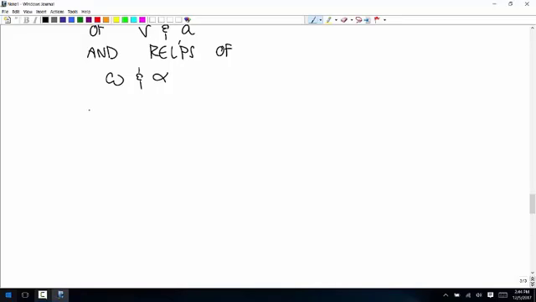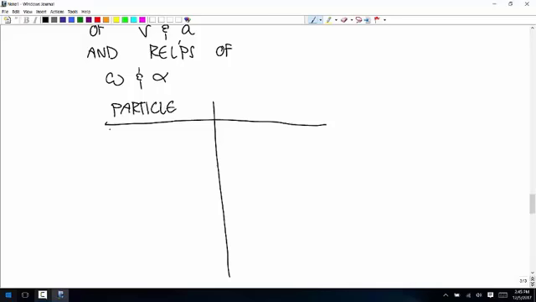So here are the translational, or I'll call them the particle variables and relationships, and these are the angular ones. So we've seen that velocity is similar to angular velocity, and acceleration is similar to angular acceleration.